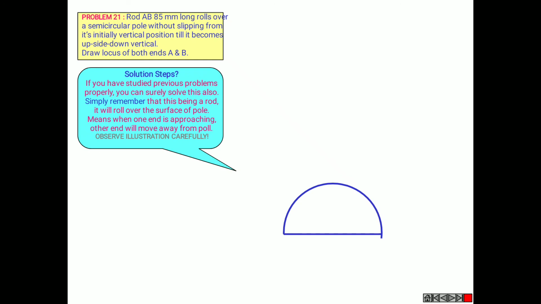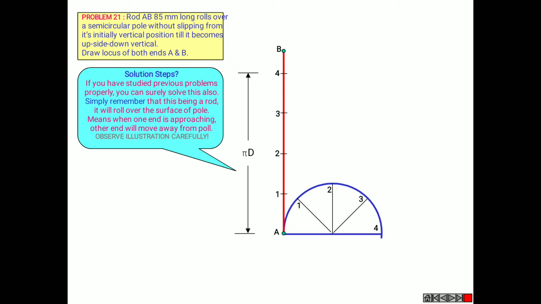We have drawn a semicircle, and from the diagonal we have drawn a straight line to the end, marking it as AB. And this value is your pi d. I am dividing the semicircle into 4 equal parts and naming them 1, 2, 3, 4.